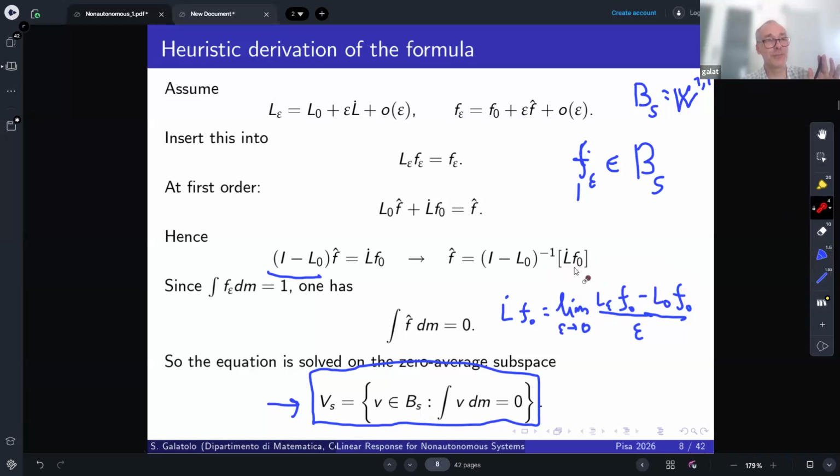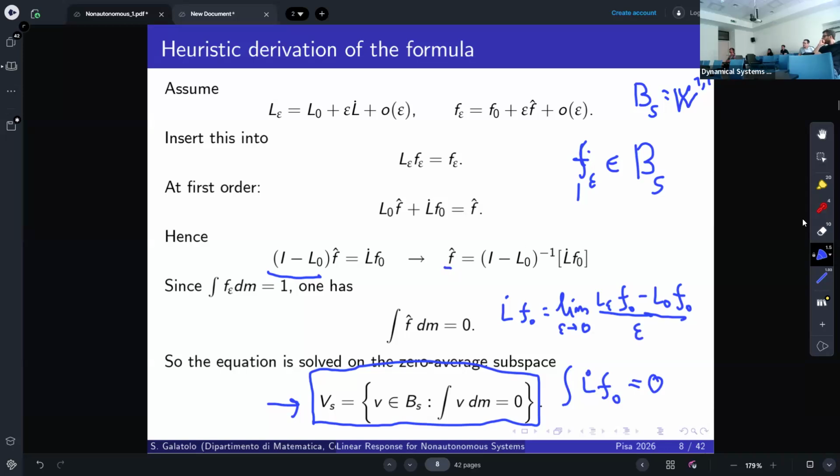I mean, it's a zero average measure, but we cannot be very sure that it is regular enough to be in the strong space, because here you take a derivative of f naught. So probably you need f naught to be even more regular than the strong space. Then this derivative is in the strong space, but for sure it is a zero average measure. So for sure what we can prove is that L dot of f naught is something whose integral is zero. Maybe not regular enough, but for sure it's zero average. Was this the question, or were you asking about this?